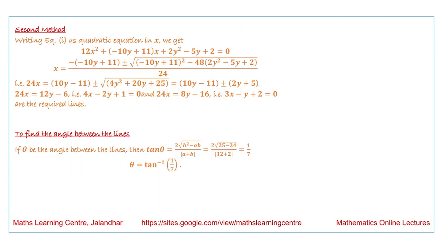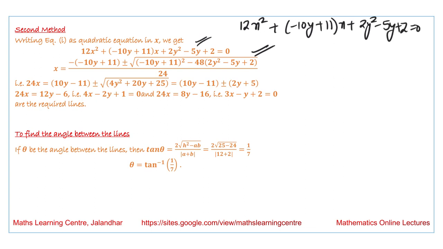Another method to solve this is, we are saying this is the equation given to us. We can rearrange the terms and write it as a quadratic equation in x. We are writing it as 12x square plus (11x minus 10y) x... plus 2y square minus 5y plus 2 should be equal to 0. This is a quadratic equation in x.